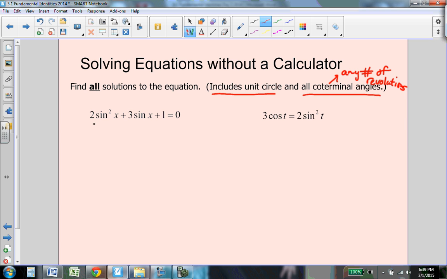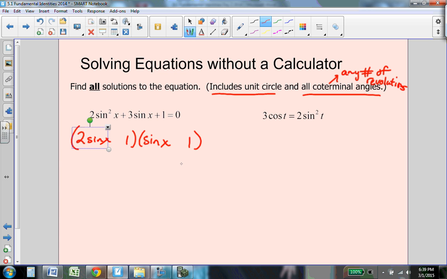Alright, so this one I'm looking at as being a quadratic, and then we've got all sines. That's really nice. So I'm going to start factoring. That's 2 times the sine of x, and I need a sine of x.